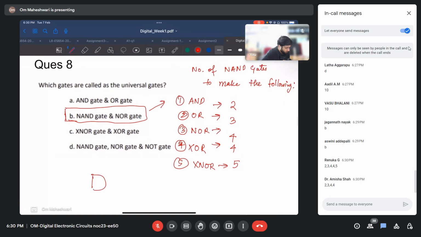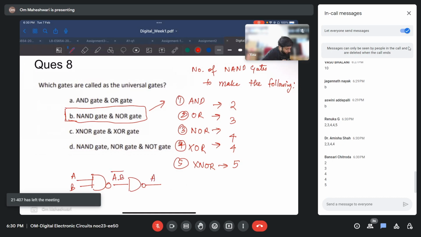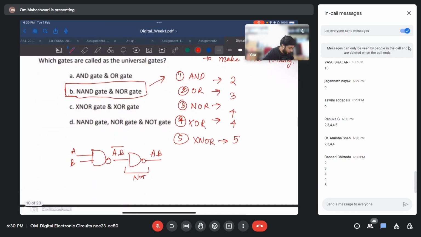For the NAND gate, we have a NAND with inputs A and B, then another NAND. So it is A dot B whole bar, and this is just a NOT gate. A single input NAND gate is a NOT gate. So yes, it is correct.